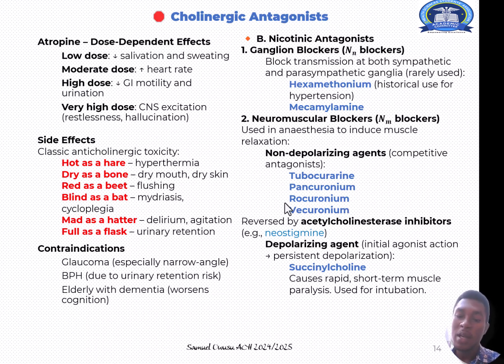Okay, these are competitive antagonists to acetylcholine, so they block the receptors. Okay, they are reversed by acetylcholinesterase inhibitors like neostigmine, and we said that we have the depolarizing agent, which is succinylcholine. Succinylcholine's initial action is like an agonist, then later on it becomes an antagonist.